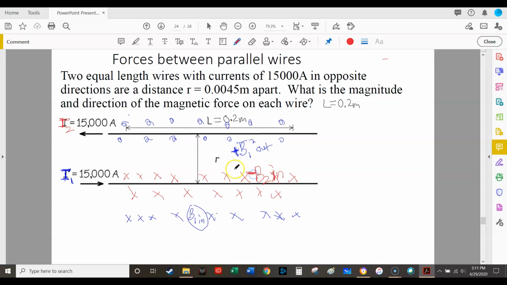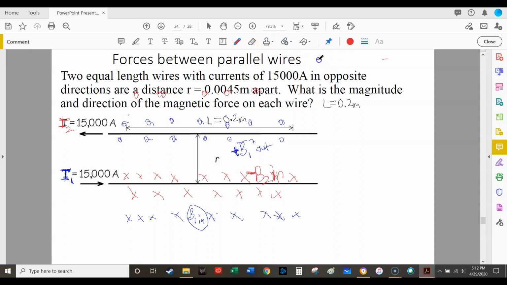So it's going to be negative. And it's also going to create a magnetic field on the top part of it out of the page too. But that's not really doing anything. You have to pick one wire to analyze, right? So let's go with wire number 2 embedded in wire number 1's magnetic field. So blue around the red wire.